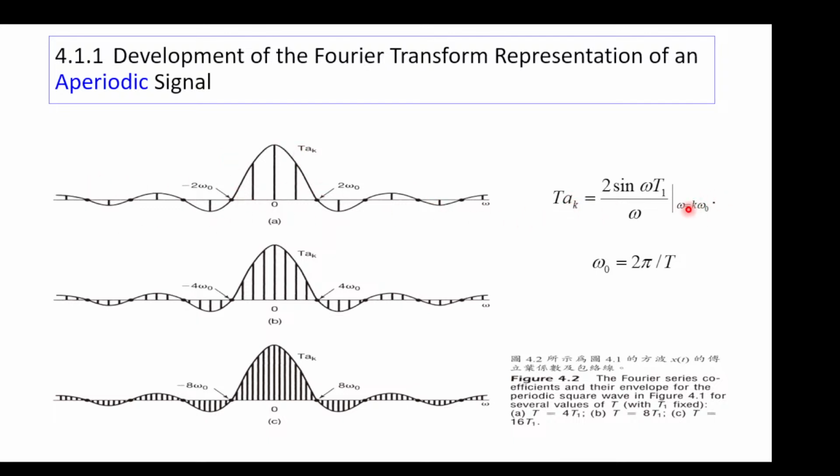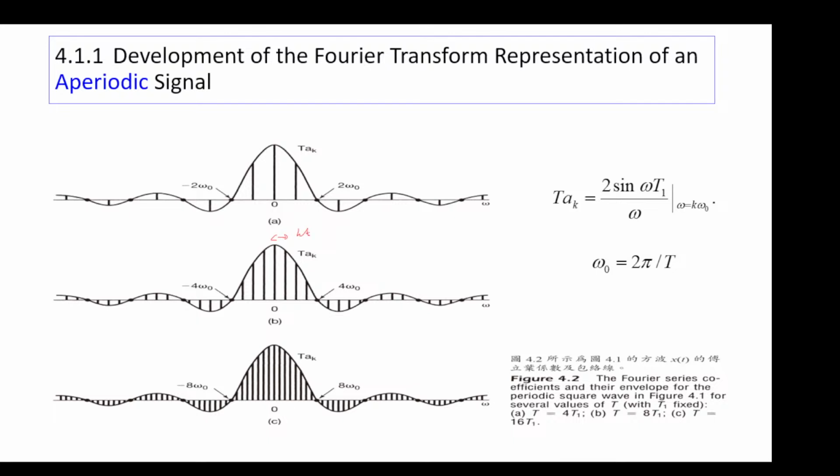So omega equals k omega 0 at some k. When you fix some big T, you will get some omega 0, and you find the k omega 0 on this omega line. Say here you have a medium-size omega 0, so this spacing here will be omega 0.